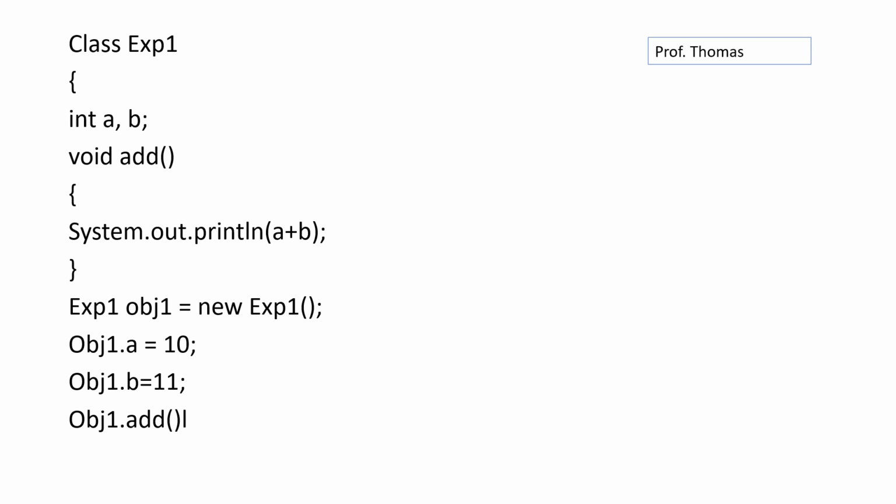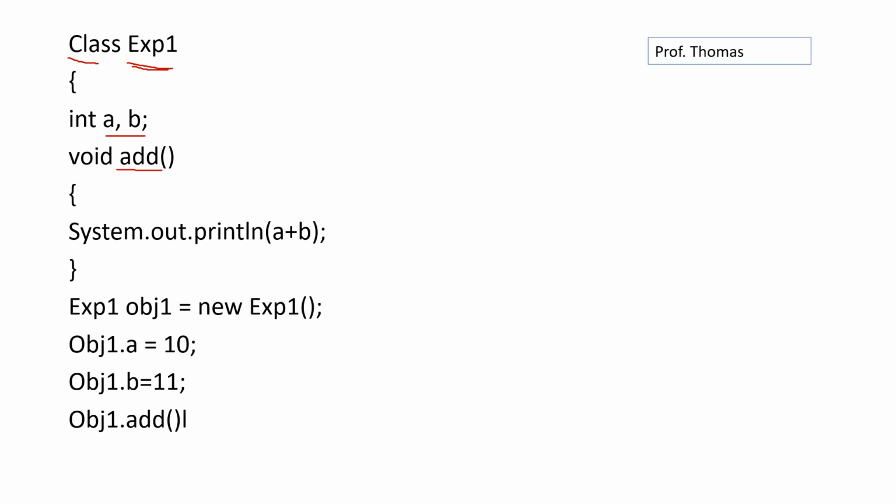For example, in this class Exp1, we have the class keyword and the name of the class, Exp1. We have data members A and B. We create two integer variables A and B and one method, add.